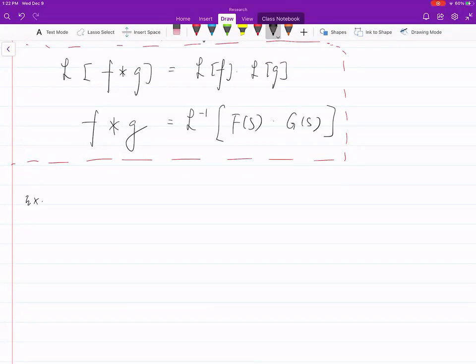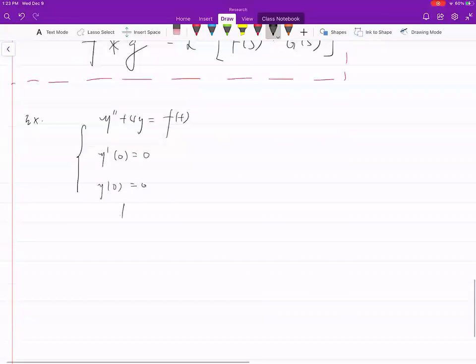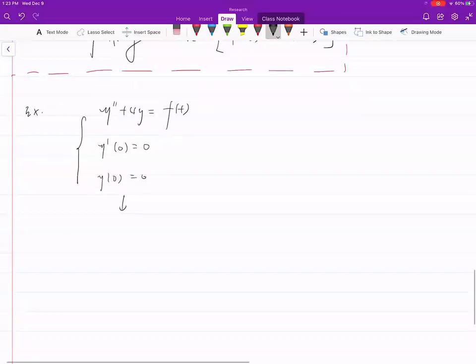All right. Now let's go back to the example. This time we'll have a general f(t), which we don't know what it is. You can put anything there. You have y(0) equals 0, y'(0) equals 0. You can still do the Laplace transform, which is super easy. So I will skip to L(y) equals something times L(F).